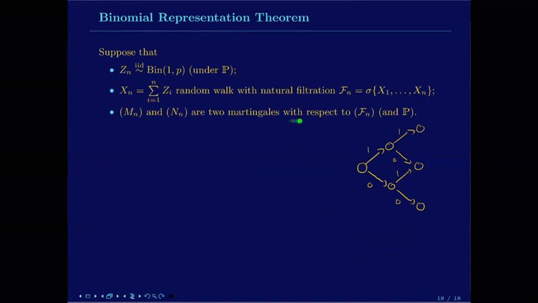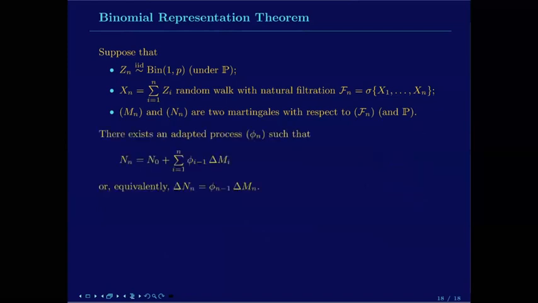And having now two martingales with respect to the same filtration means that these martingales also move together with the underlying Xn process on this tree. So at time 1, if the process goes up, then also Mn and Nn take together the value they have in this situation. So these things move together. And in that binomial case, we can then easily see that there exists a process that is also bounded.